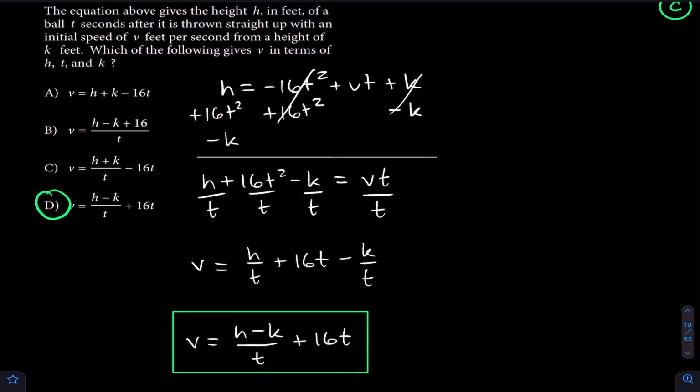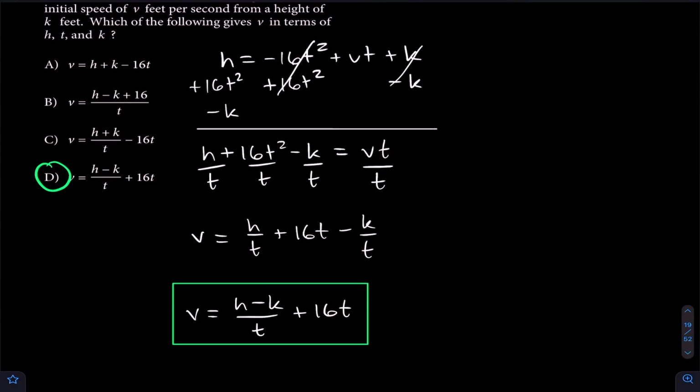Now, somewhere where you might have gotten caught up here is when some people divide by t on both sides like this. What I'll usually write is h plus 16t squared minus k, all over t. And that's the exact same thing as dividing each piece by t.